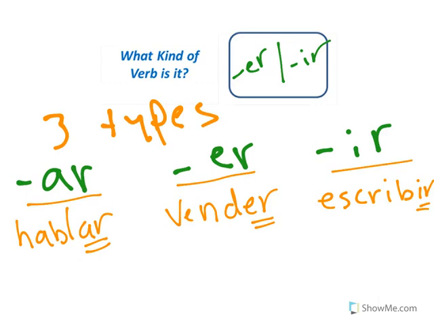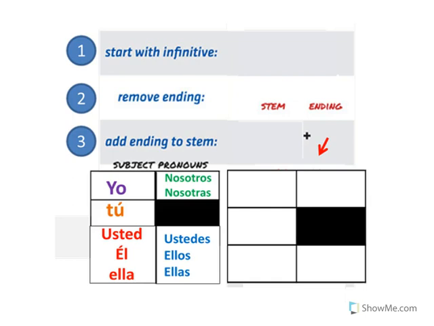So, three types, and that matters because when you conjugate them, when you change these endings, the patterns will be different for an AR, different for an ER, and IR is almost identical to ER, but there's a little change, and we'll talk about that one today.